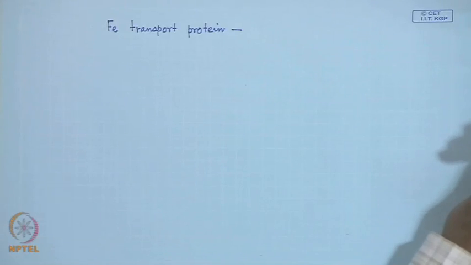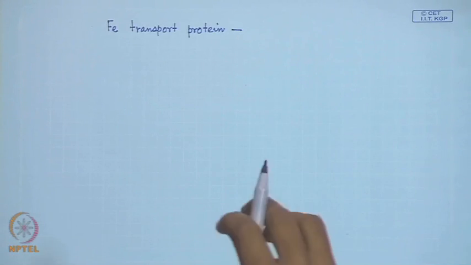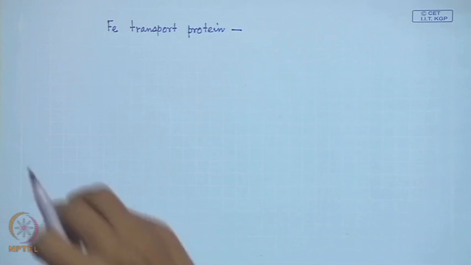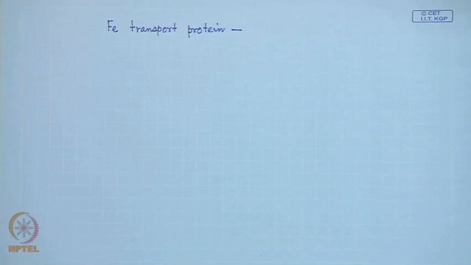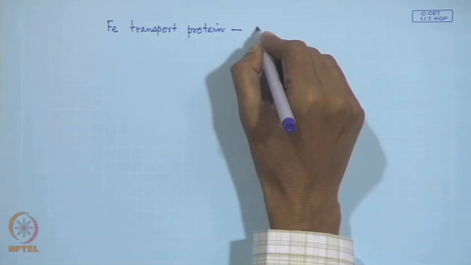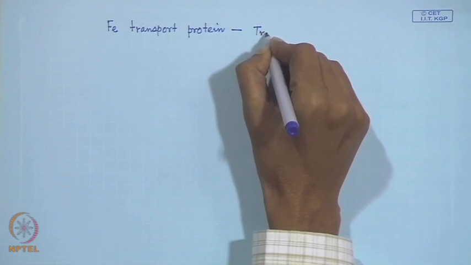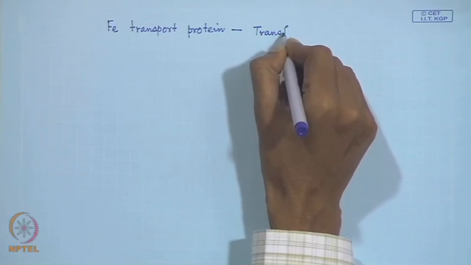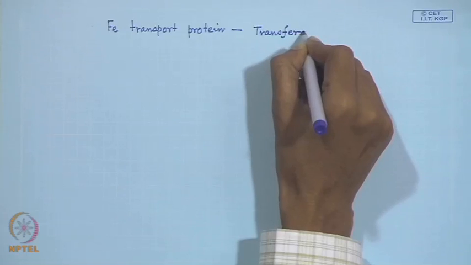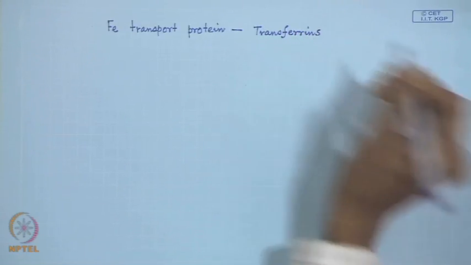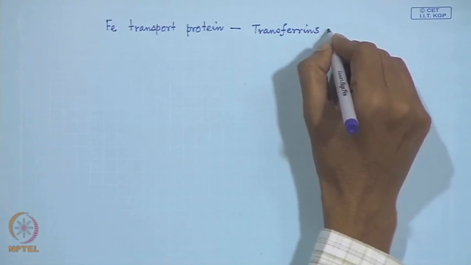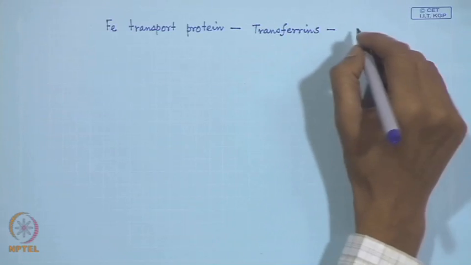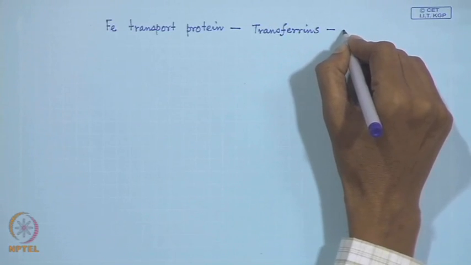We have stored the iron, and we have to transfer those iron centers from the ferritin molecule to the right site, where you can go for the synthesis of your hemoglobin or iron sulfur proteins or cytochrome molecules, and these are known as transferrins. And these are for the human body or for higher animals only.